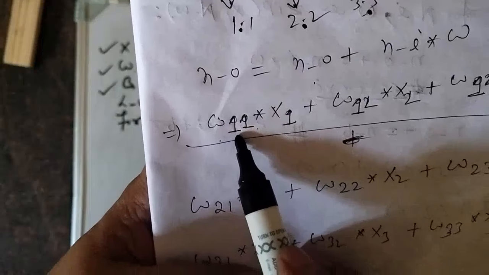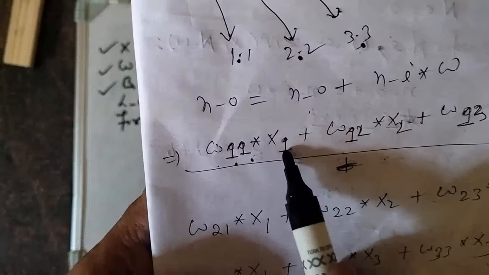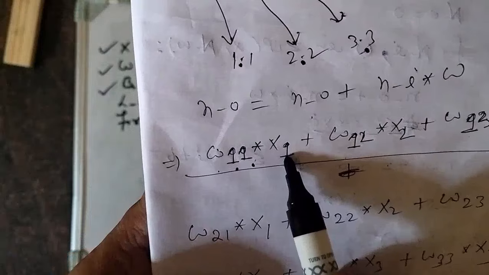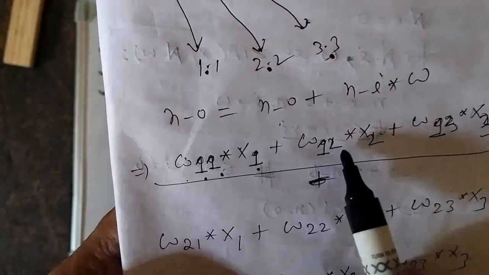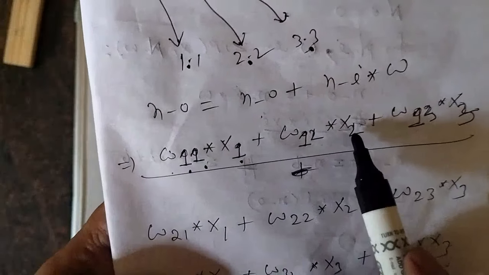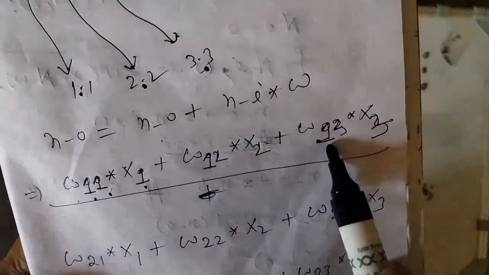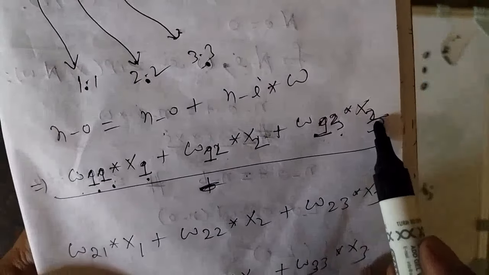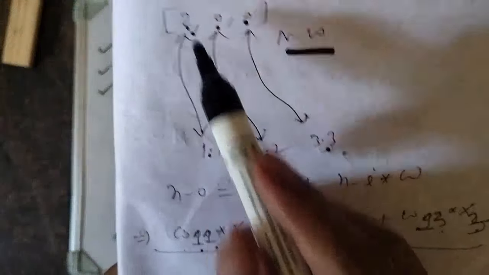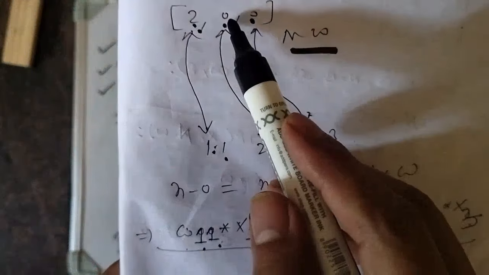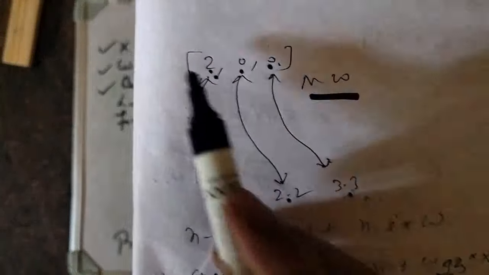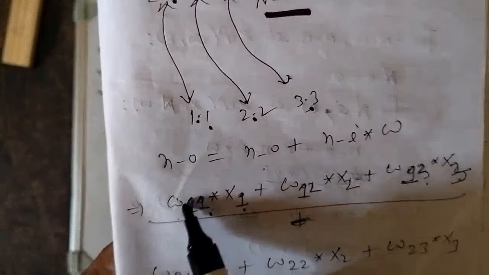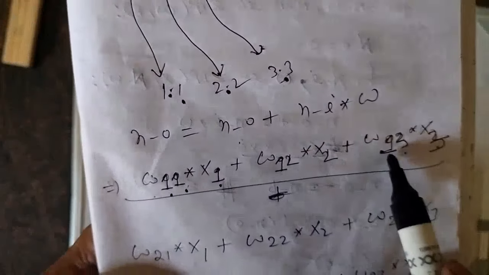W1 means first weight, first element multiplied with first input. Done. Weight 1, second element multiplied with second input. Weight 1, third element multiplied with third element. First element multiplied with first element, second element multiplied with second element, third element multiplied with third element. So this is weight 1.